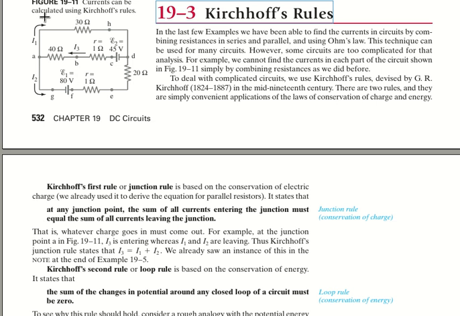So, Kirchhoff rules we apply when we have circuits, and usually when we have what you call loops. Like in this example we have two loops, and the first thing we do is find the junction, and we denote all the currents going through any of these wires. At the junction, the current is conserved.